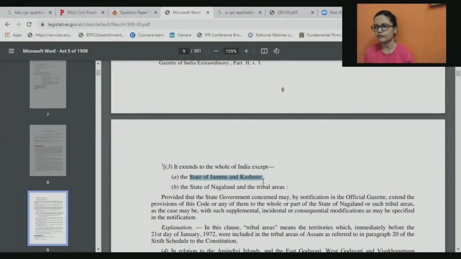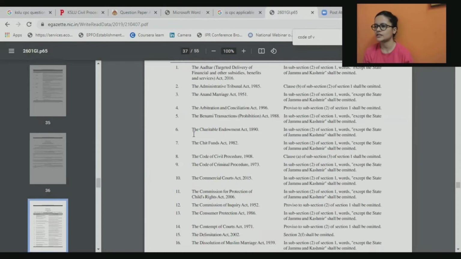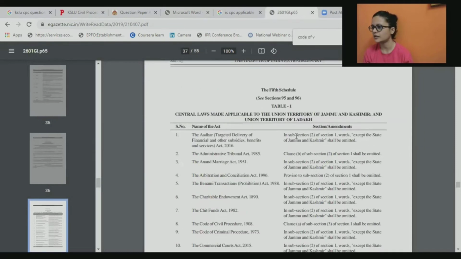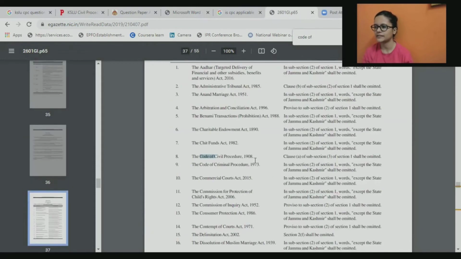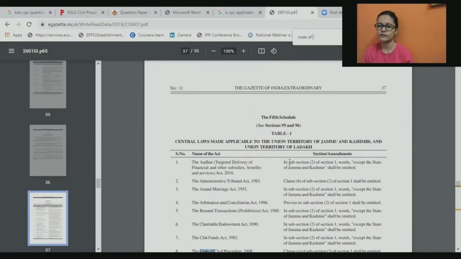If you have that question anytime for any legislation, you can always open this legislation. It is called the Jammu and Kashmir Reorganization Act. In this legislation, there is one schedule, the fifth schedule.